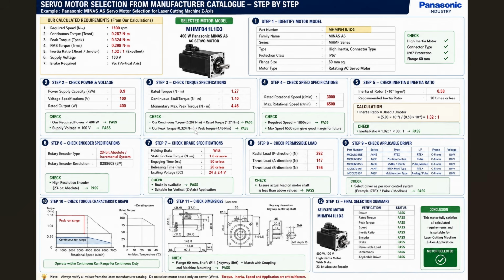The flange size is 60 by 60 mm and the motor output shaft is 14 mm. And the final selection summary is: this motor fully satisfies all our calculated requirements and is suitable for our fiber laser cutting machine Z-axis.